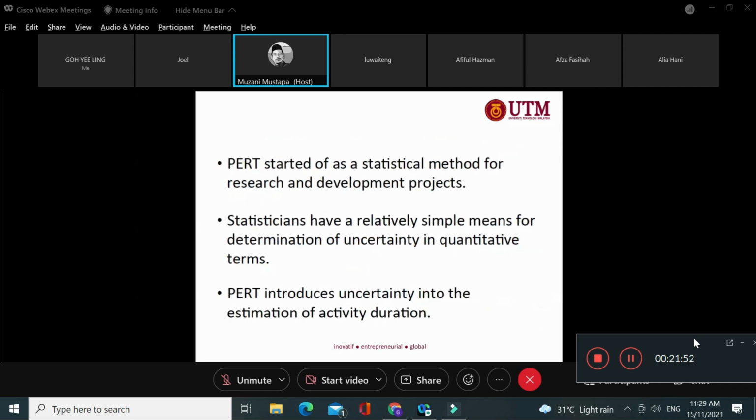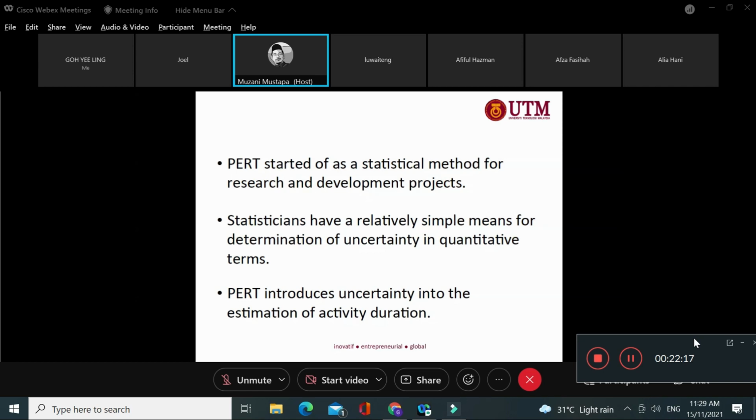Okay, so back to this. When we talk about PERT, it is one of the extensions from CPM, right? Why CPM, why did PERT come in? Because PERT wants to mitigate the issue of uncertainty in the estimation of duration, right?